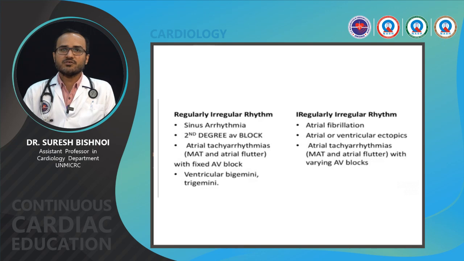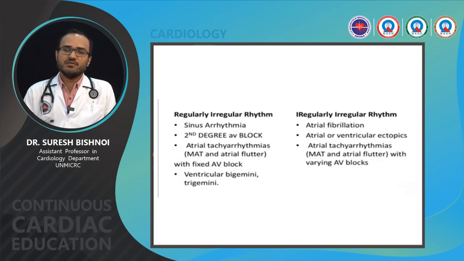Next is examination of the rhythm. Broadly, we say a patient is having a regular or an irregular pulse. Irregular is again divided into regularly irregular or irregularly irregular. You should remember at least a couple of causes for both of these. These are the common causes for a regularly irregular rhythm.